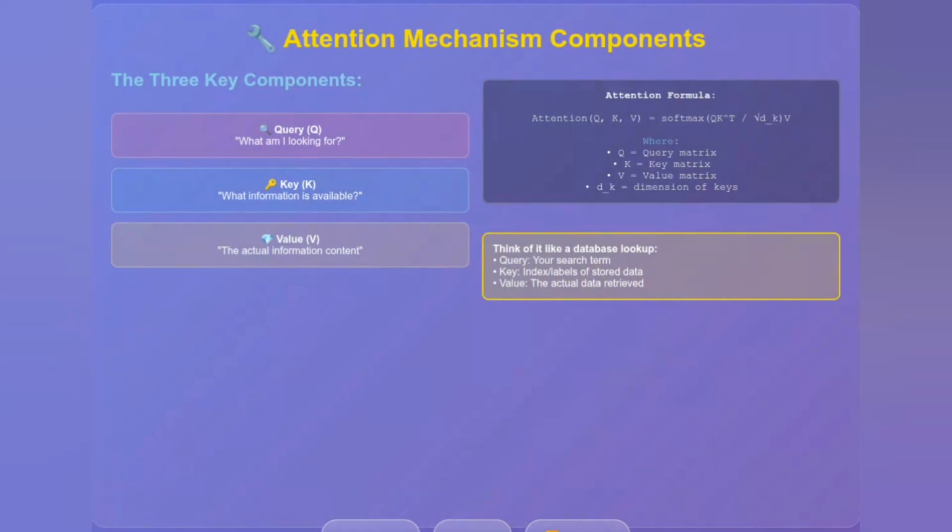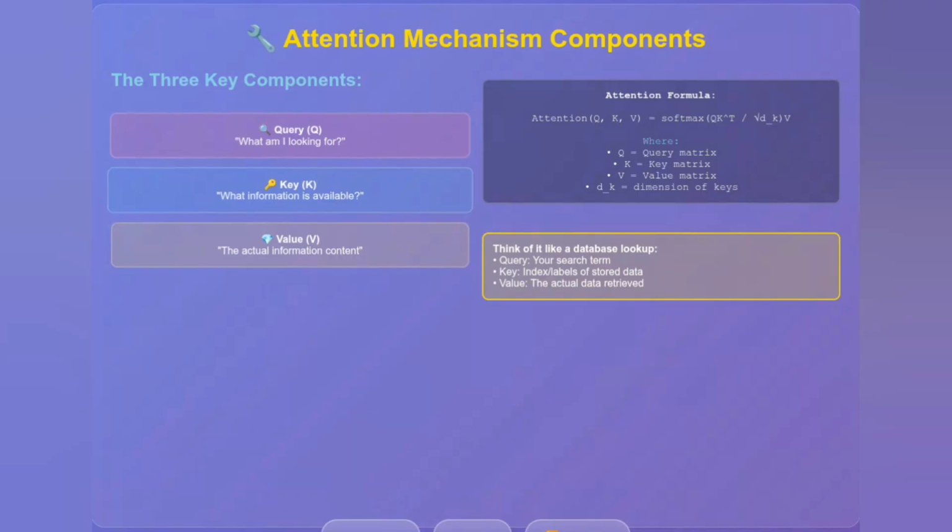There are 3 key components, and I like to think of them in terms of a database analogy. First, we have query. Think of this as your search term. It represents, what am I looking for? If you're processing the word sat, the query might be looking for subjects or objects related to the action.